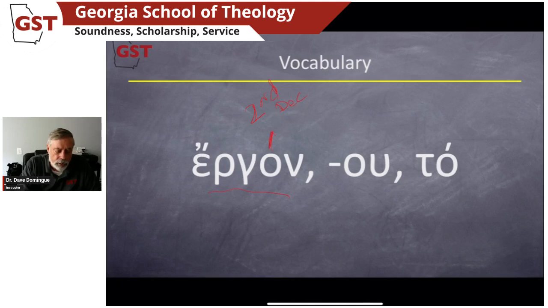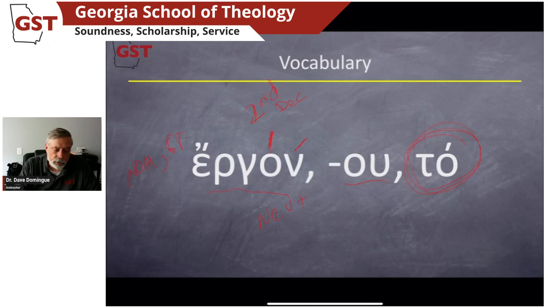The omicron is going to tell me it's a second declension, and this is the nominative case, and it has the nu ending, so nominative singular case. So that's going to tell me it's neuter. So the word work or deed, ergon, is a neuter word. Here's our genitive ending, which we haven't got to, and there is the neuter nominative singular article, to.